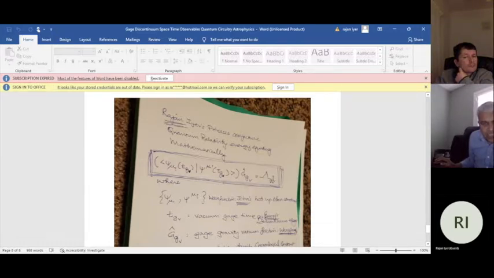The vacuum energy density is actually a universal constant. So the psi subscript mu and psi superscript mu, they are the wave function.